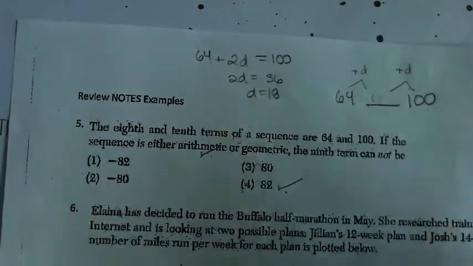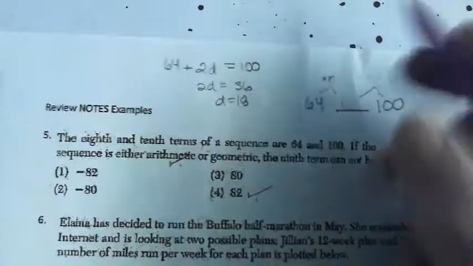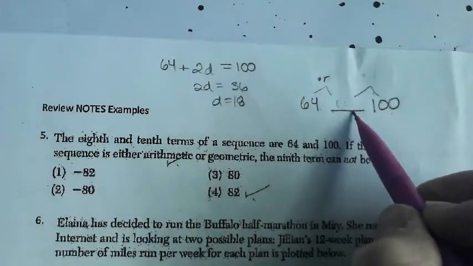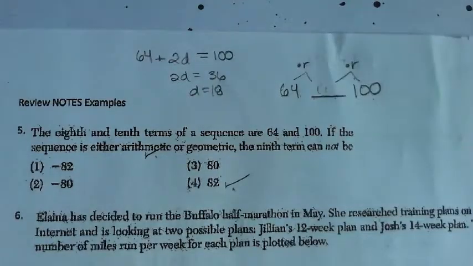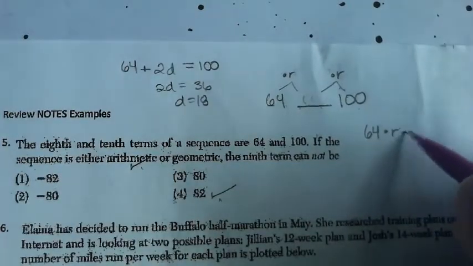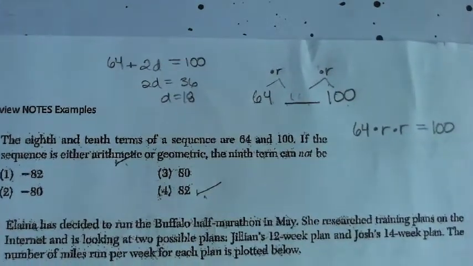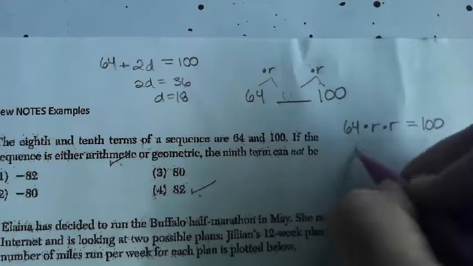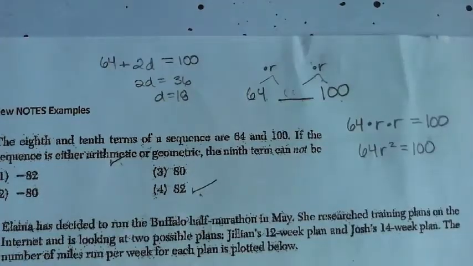Okay. Then if it's geometric, I'm going to multiply by r to get something, which I don't know, and then multiply by that same r again to get to 100. So 64 times r again is supposed to get me to 100. So that's 64r squared is supposed to get me to 100.